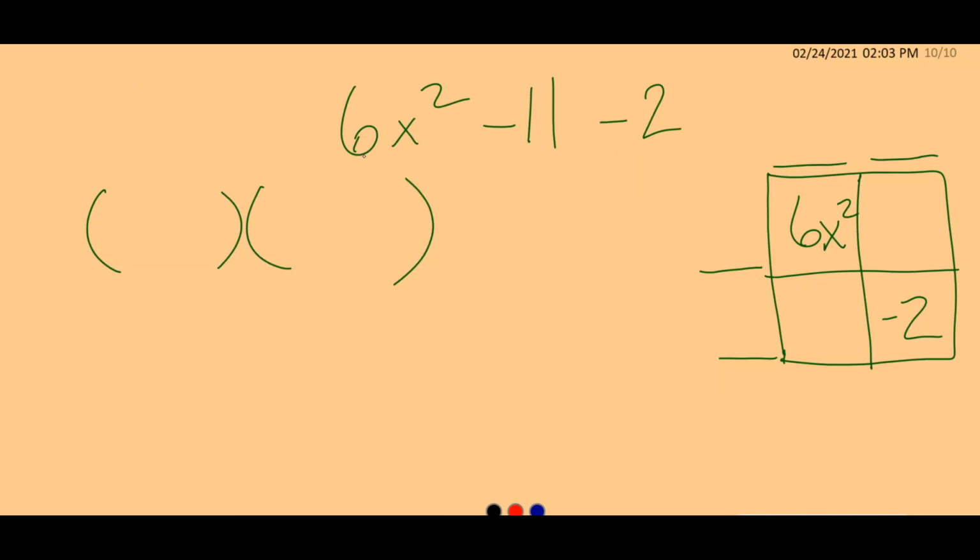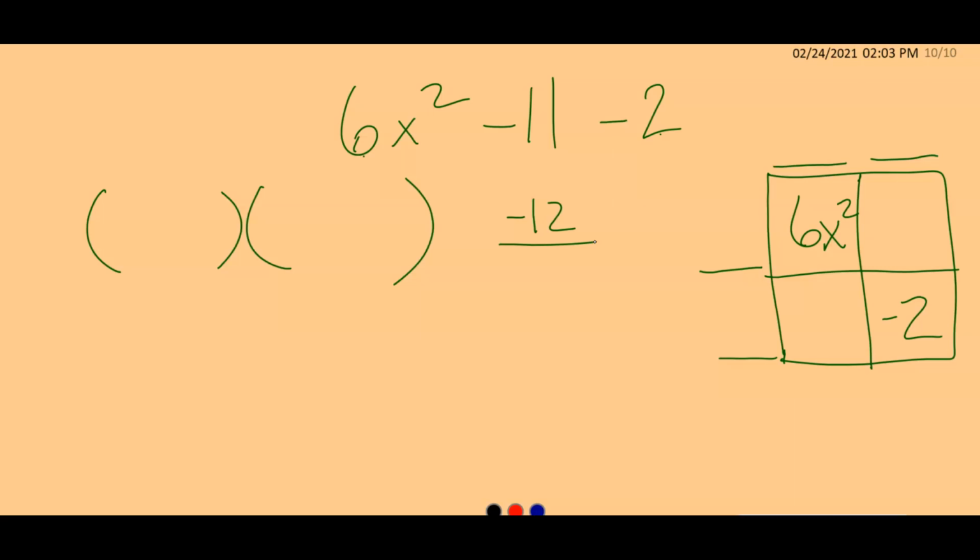A times C is -12. So I am looking for factors of -12 that add up to -11. Okay? Factors of -12 that add up to -11.